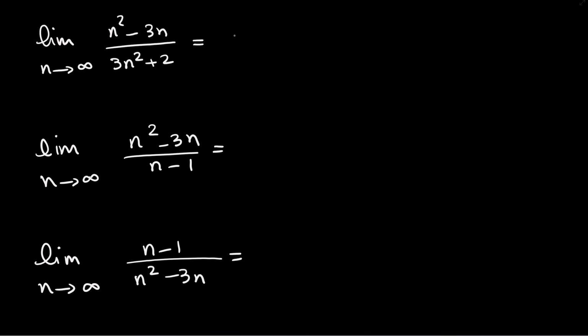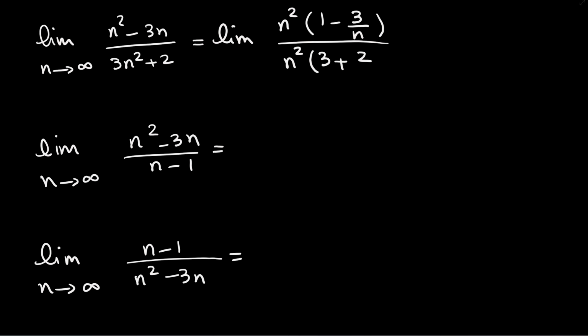So I do these steps. I factor n squared, so the remaining is 1 minus 3 divided by n. In the denominator, I factor n squared. The remaining is 3 plus 2 divided by n squared.